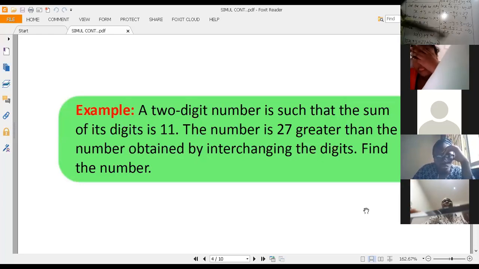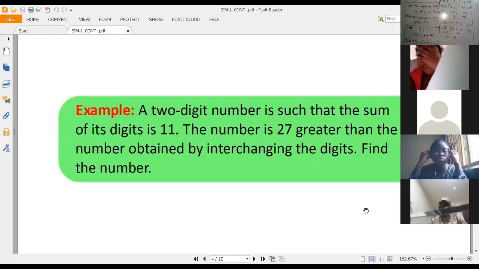When you divide both sides by 2, you have your x to be 7. Now x is equal to 7. What will be y?